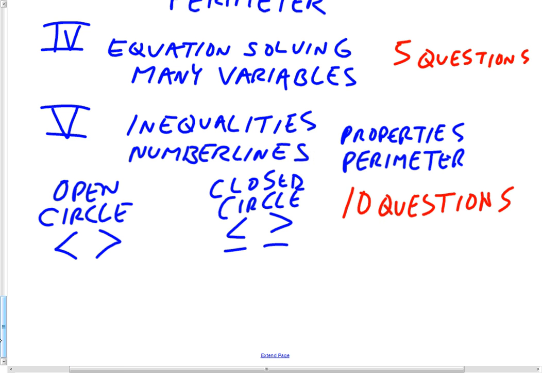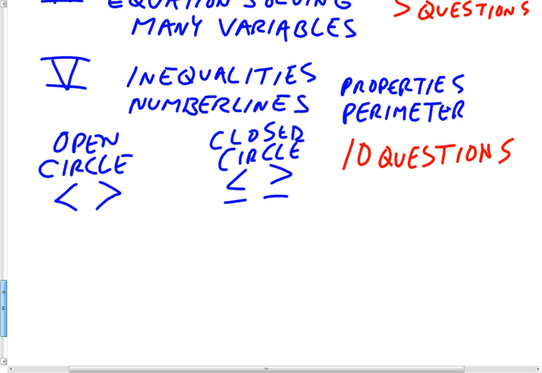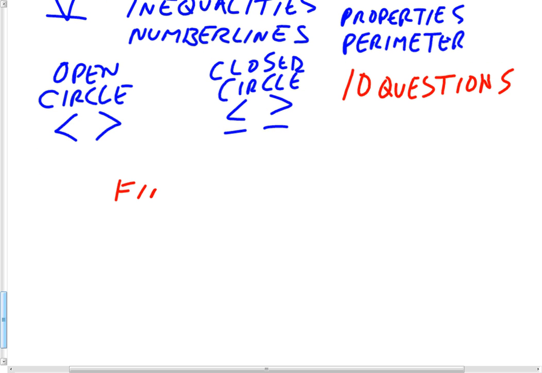If you look over at the bottom here, this is what we have left. Your homework. Well, what is that? Your homework is finish properties practice.